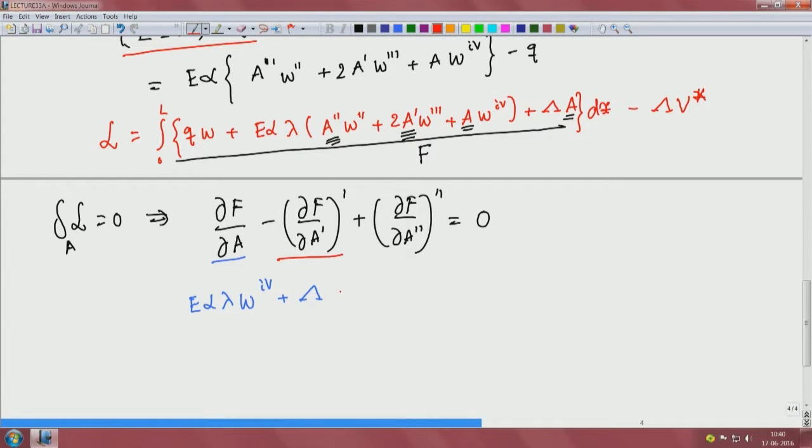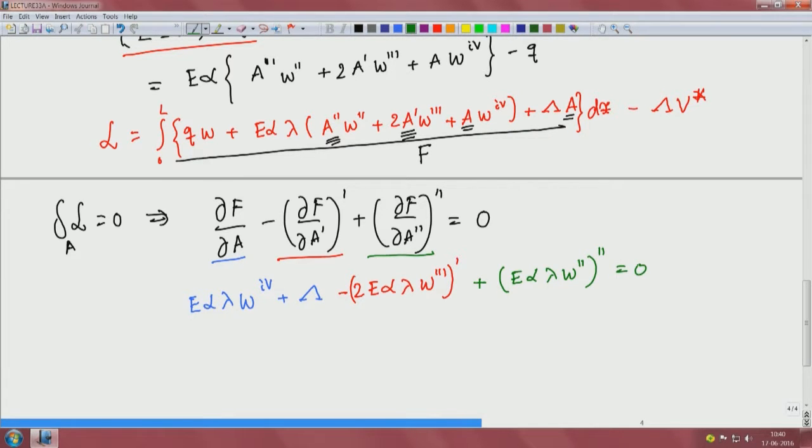Second one, okay, that is minus, a prime, there is E alpha lambda w triple prime, that is dou f by dou a prime, and all of this we should take one derivative, okay. And then we have this thing which is plus a double prime, that is E alpha lambda w double prime, and then 2 primes, 2 derivatives of that, equal to 0.